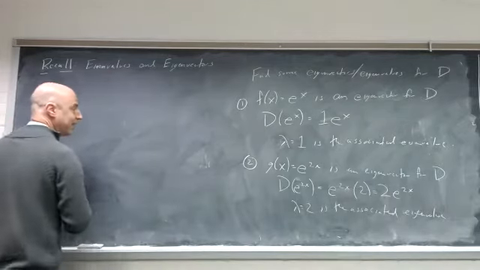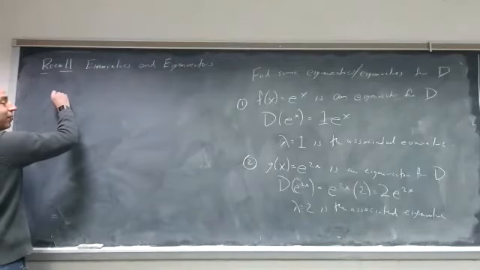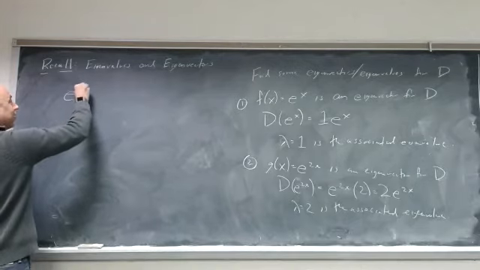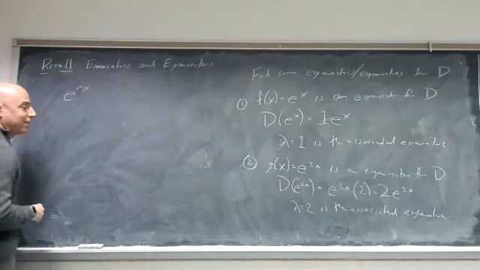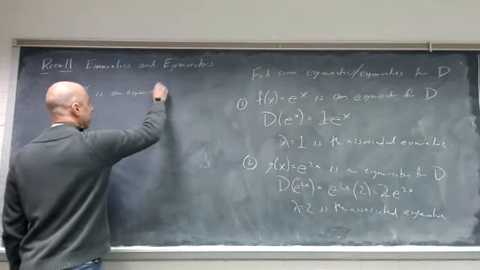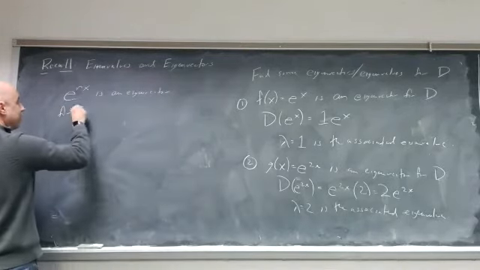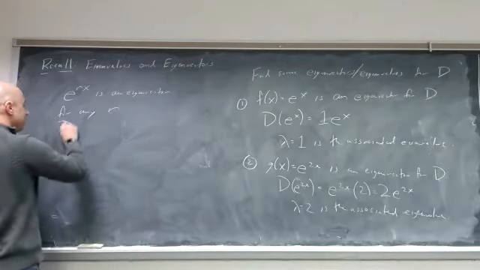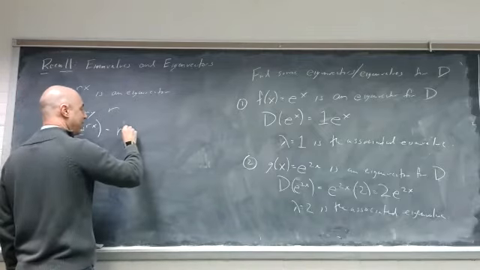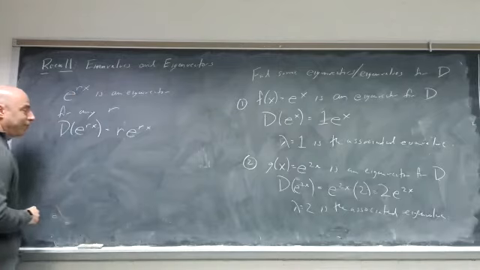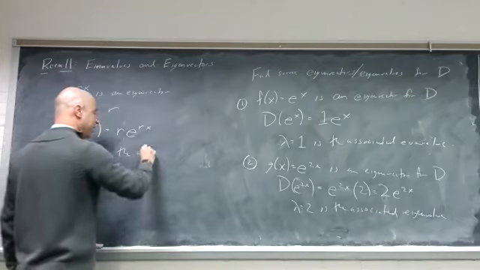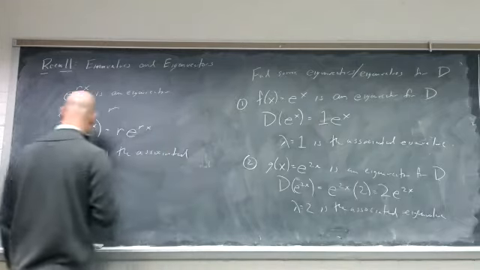So e to the Rx is an eigenvector for any R. The derivative of e to the Rx is just going to be R times e to the Rx. And so lambda equals R is the associated eigenvalue.